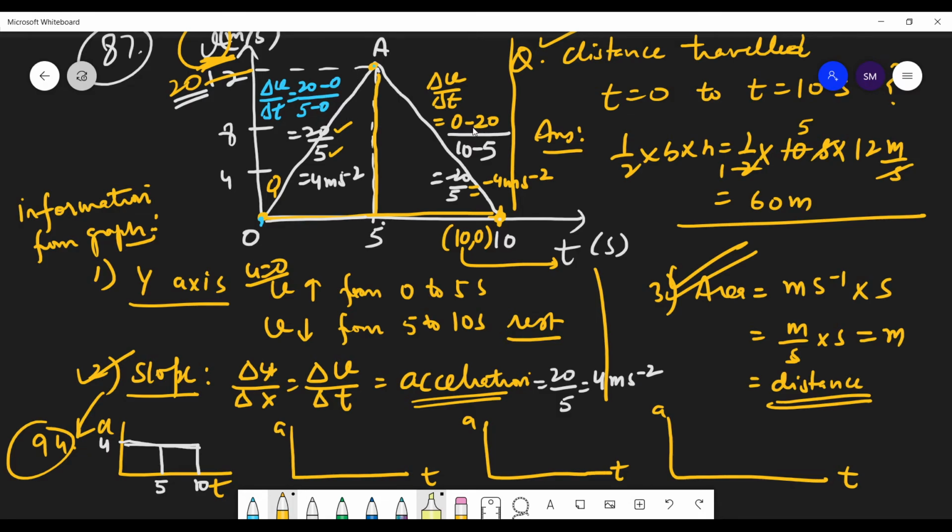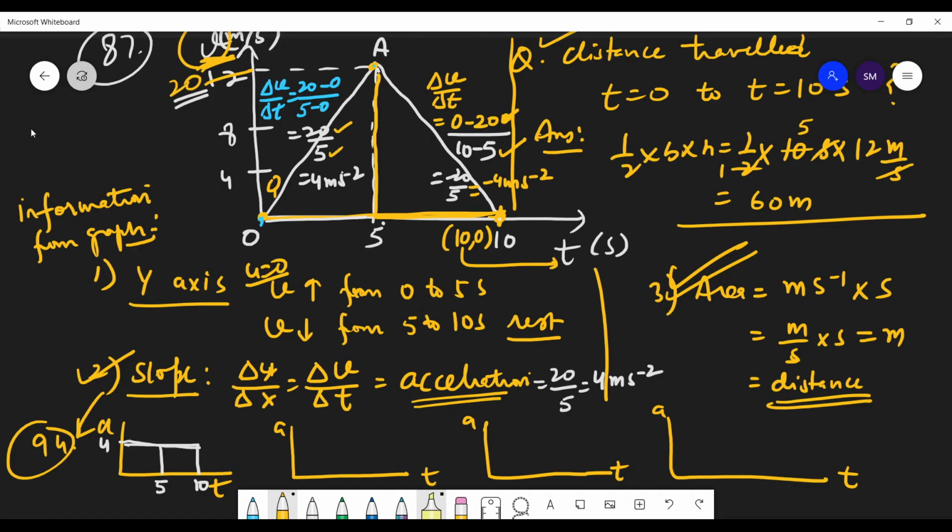But in case of negative slope, one quantity will decrease and another will increase. Like time was increasing, but velocity was decreasing. That is why slope is negative, because time was increasing but velocity is decreasing, 20 to 0. Is this clear, students?